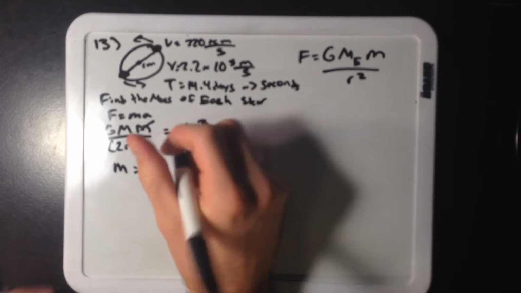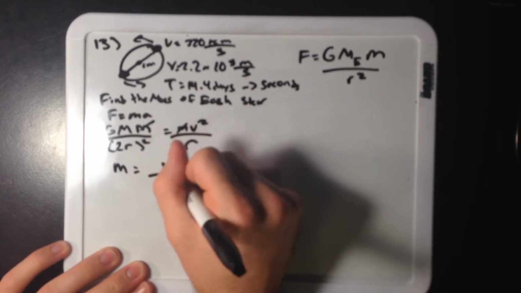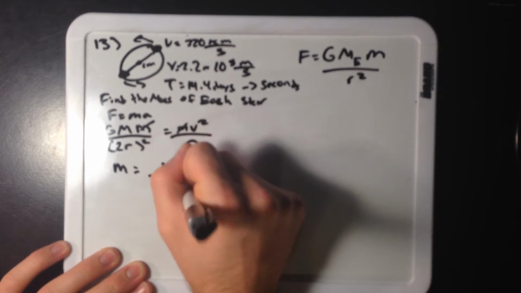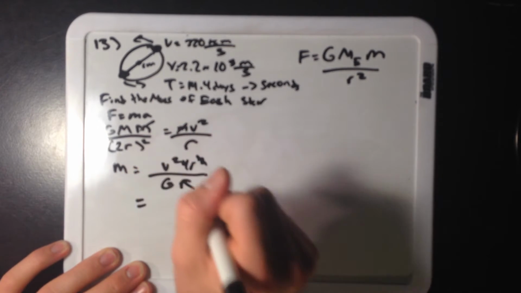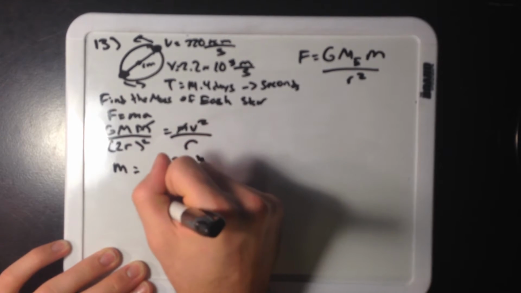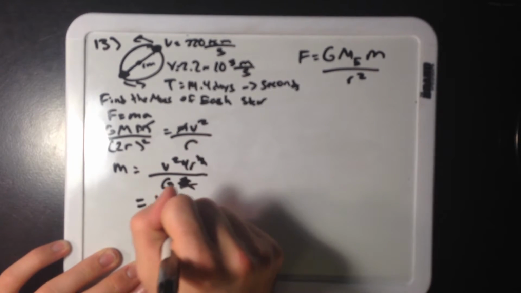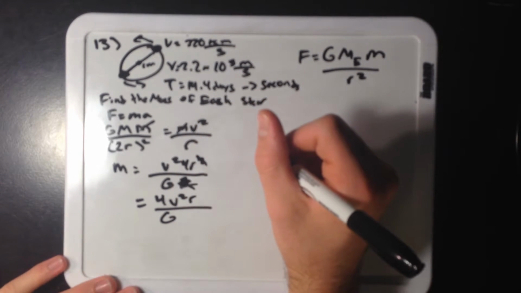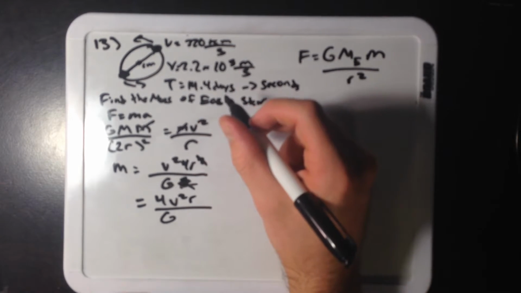So m is equal to v squared over r, then G is over here, 4r squared is up here, so cancel out 1r, and then, sorry, that's a G, not a 6, and then we have 4v squared over the constant G, and then we have r, and we don't really know what to do with r at this point, and that is why it is important that you're given T, the period.